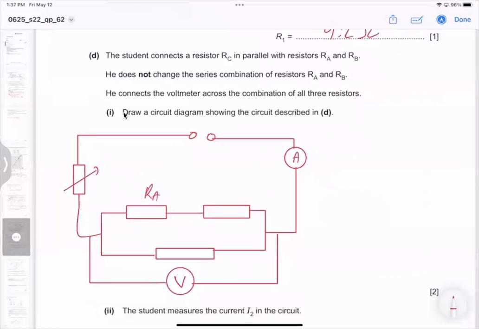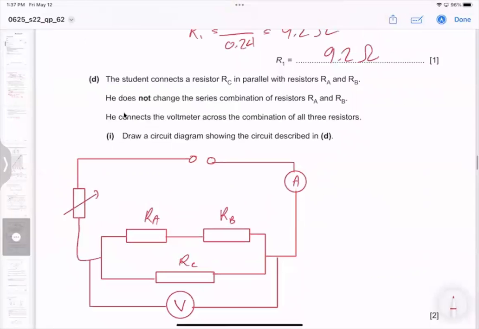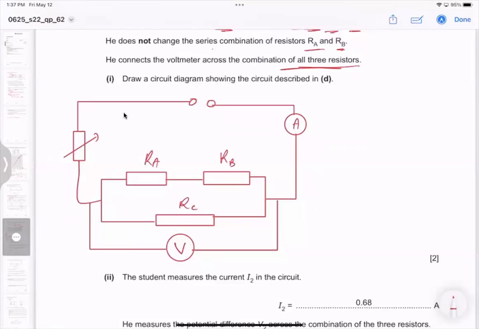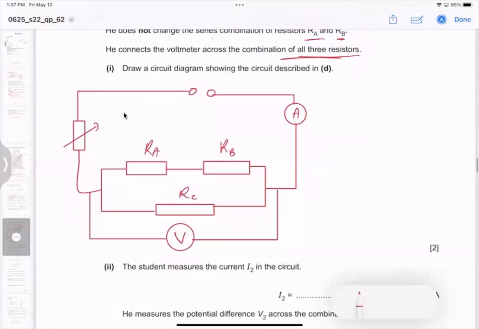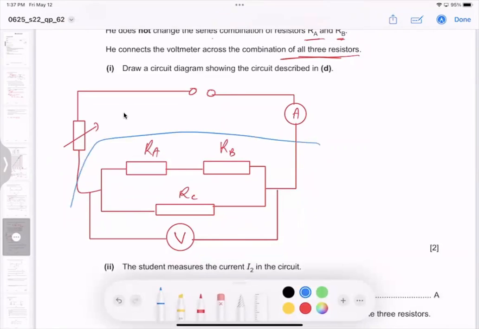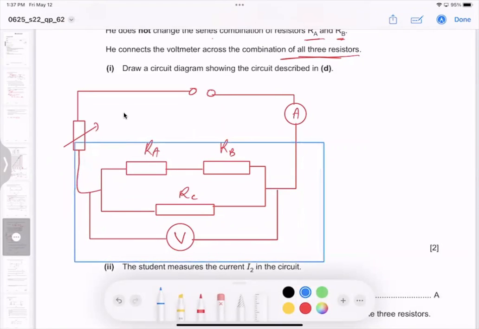Here is RA, here is RP, here is RC. The student connects a resistor RC in parallel with resistors RA and RP. It doesn't change the series combination of RA and RP. They are in series still. He connected the voltmeter across the combination of all the three resistors. Actually, it is asking about only this combination. Got it?